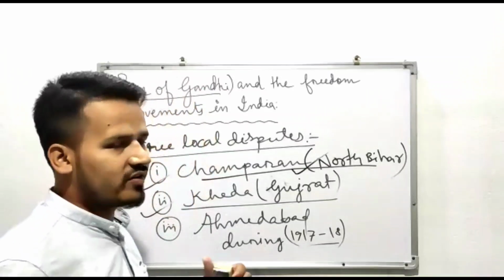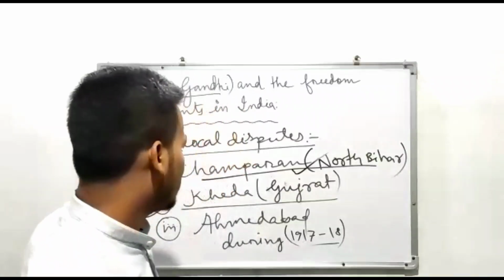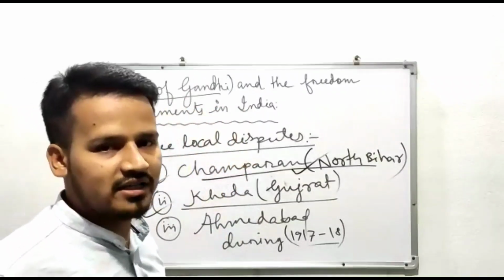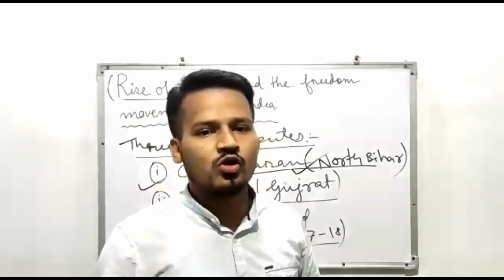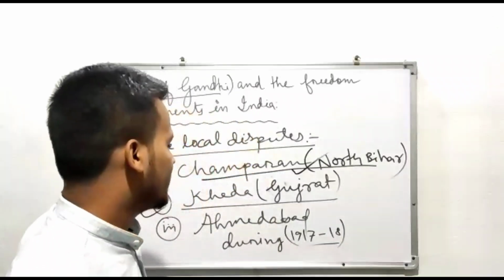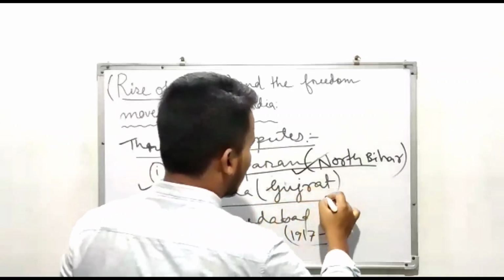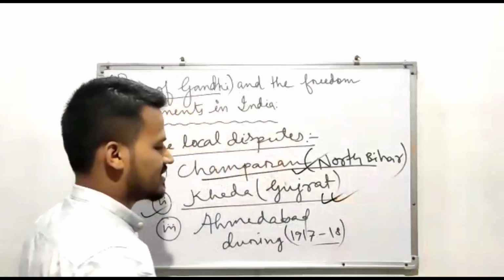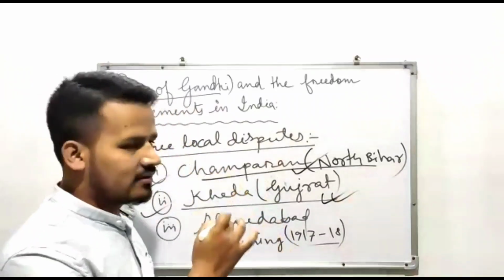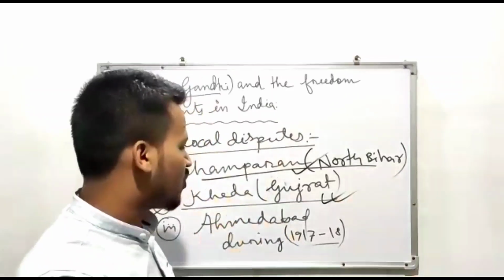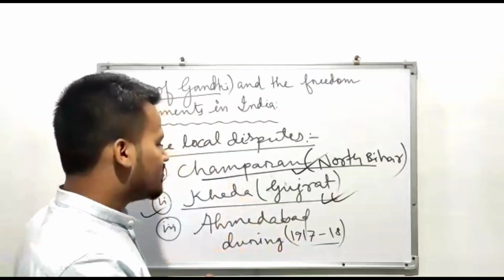The farmers were facing great misery because they had to pay revenue even when they failed to grow crops. This was the case taken up by Mahatma Gandhi, and he was able to solve this problem by implementing Satyagraha.